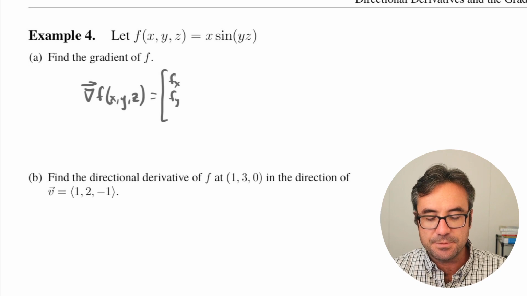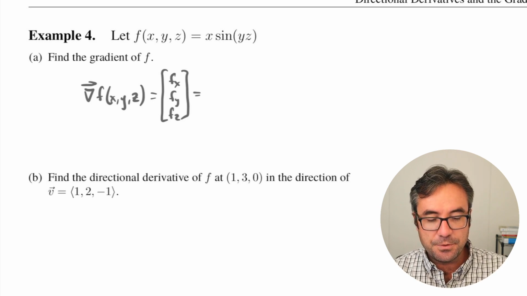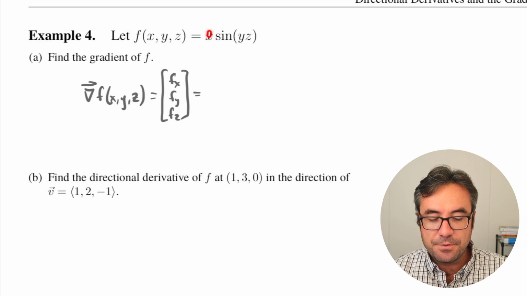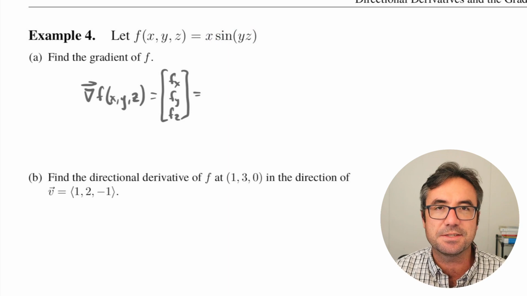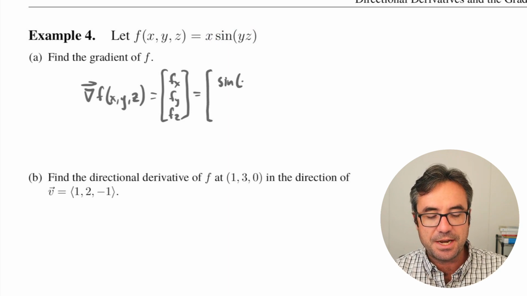In the second spot, it's going to be our y partial. And in the third spot, it's going to be our z partial. So let's calculate all of those. The x partial derivative of x is going to be 1, and then the sine of yz is just like a constant multiple that's attached. So our x partial derivative is going to be sine of yz.